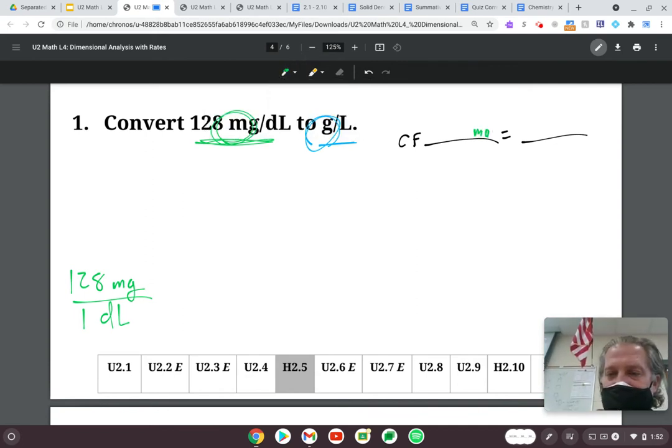So I see mg and g. That helps me keep things together and keep track of things. Now, you might be saying, I'm going to look at my handy dandy conversion sheet and try to identify the relationship between milligrams and grams, and you'll see that it's not on there because you're supposed to have memorized it. So if you forgot, the relationship is 1 gram is equal to 1,000 milligrams.